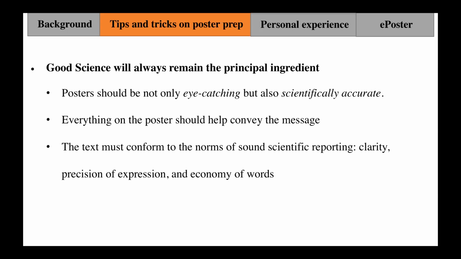Remember, a poster is not like a printed manuscript or a paper where you have to put in all the information. You should select the important information that you can share so that your poster will have a small amount of words that can send a clear message. And it should be arranged in such a way that it's clear and has a good flow so that the reader can understand.